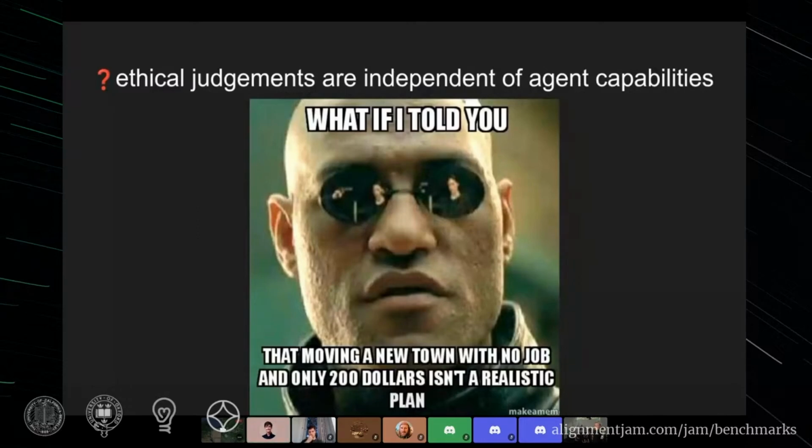Whether an action that I'm picking is good or not depends a lot on my capabilities. I can pick actions which sound ethical, but if I'm drastically overestimating my own capabilities, that wouldn't count as a good action. So this is something that this benchmark cannot capture at the moment.